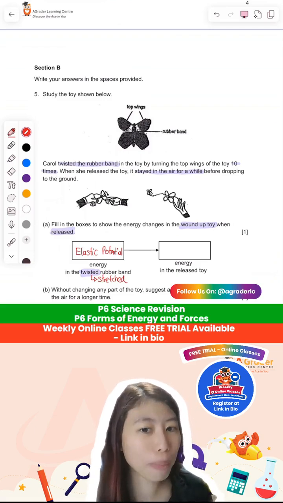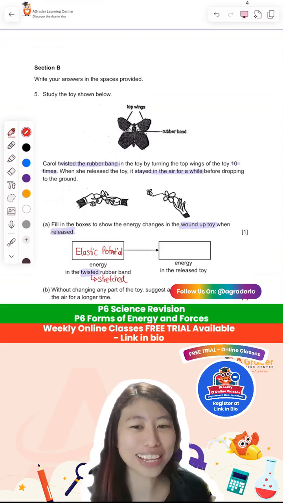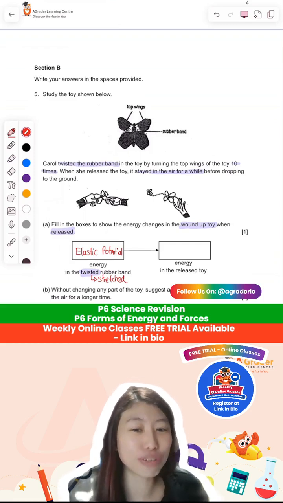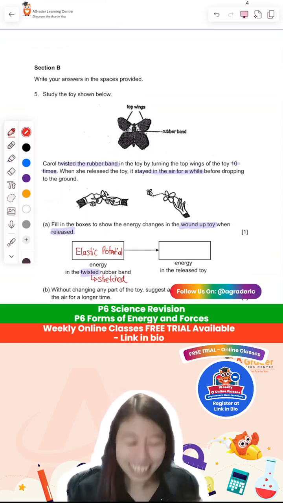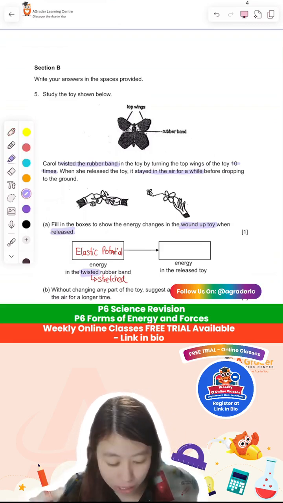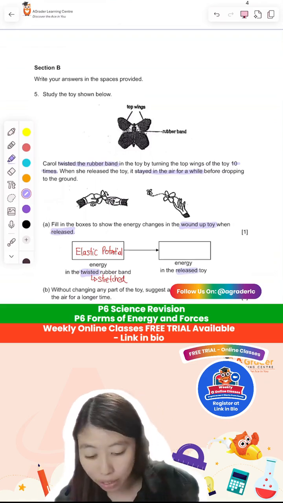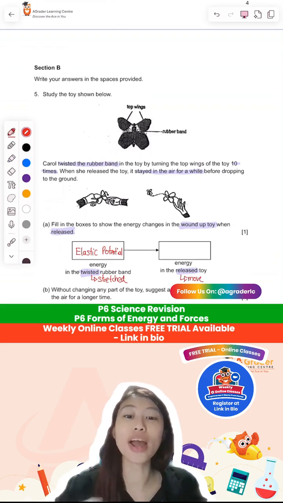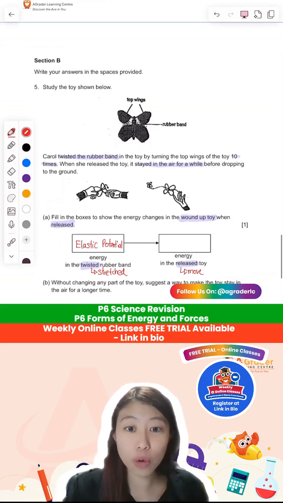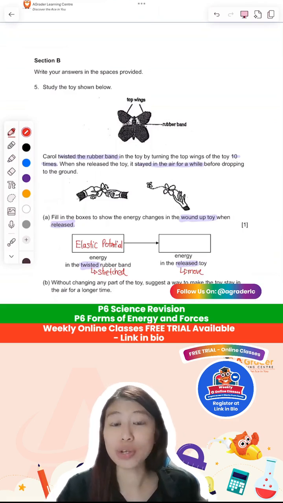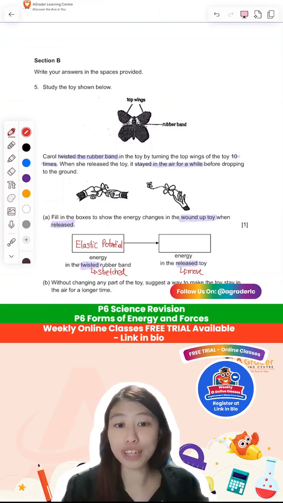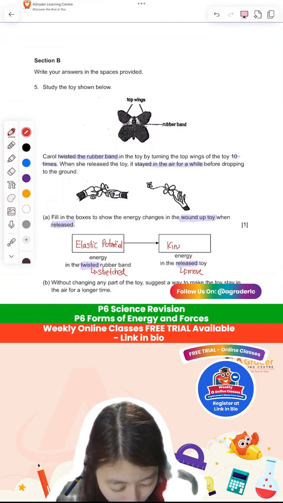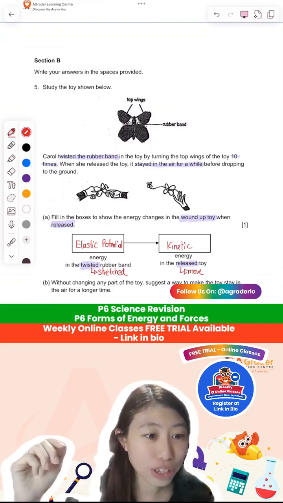They will just say rubber band. They will not tell you that it's an elastic band, because that is like giving away the answer already. The moment you see when it is released, the toy will move, correct? So any movement will be kinetic energy. So elastic potential energy will be converted to kinetic energy.